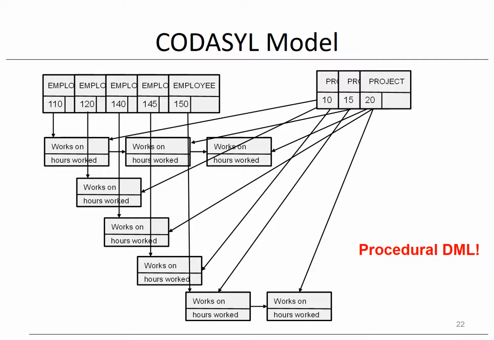For each member record, we then need to determine the owner record in the set type between project and works on. If another query asks for all employees working on a particular project, then we need to navigate the other way around. Again, this is an example of procedural DML, since we must explicitly work out a procedure to solve our query by working with one record at a time.